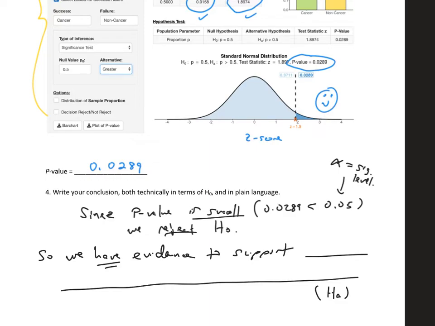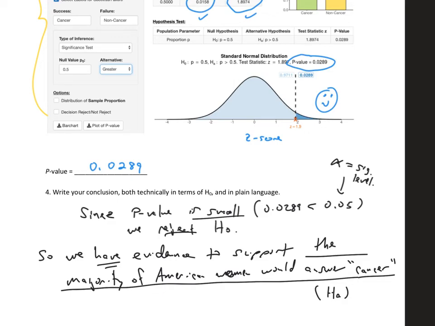So p greater than 0.5, the way they said that in the original problem was the majority of American women, at least in this age demographic, would have answered this survey question with cancer. So that's exactly what p greater than 0.5 means in words.